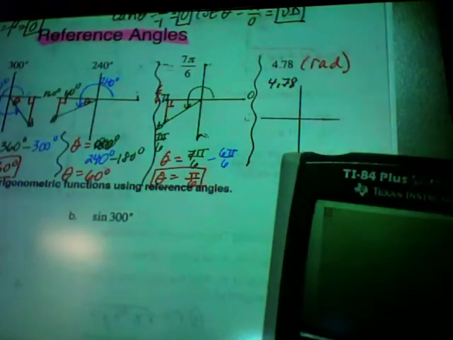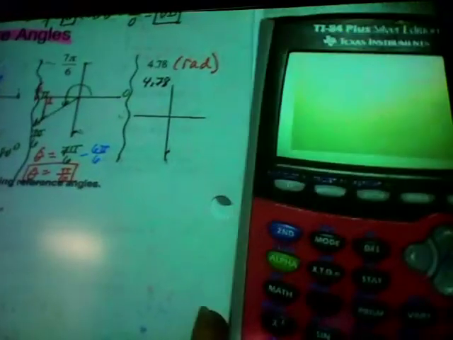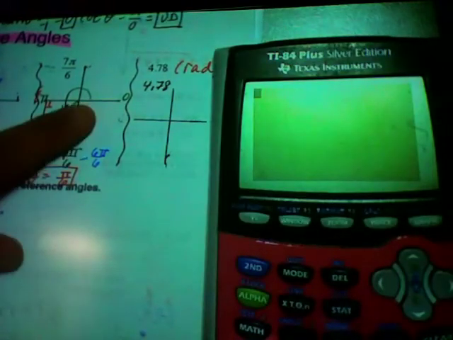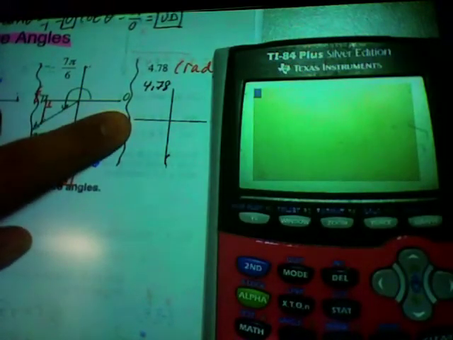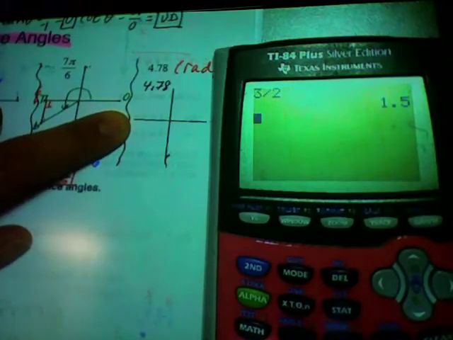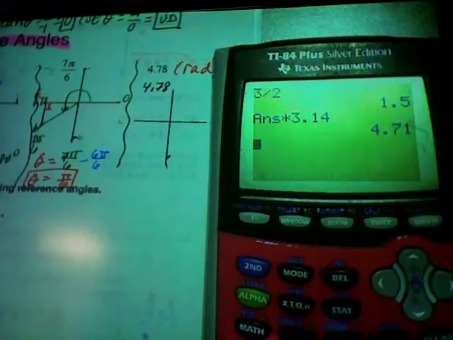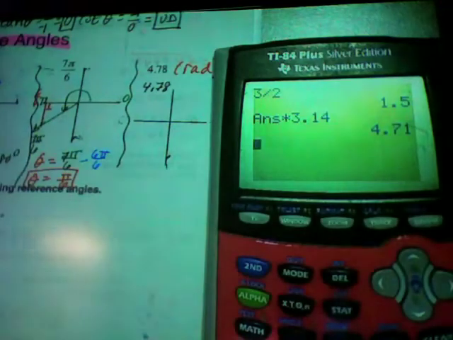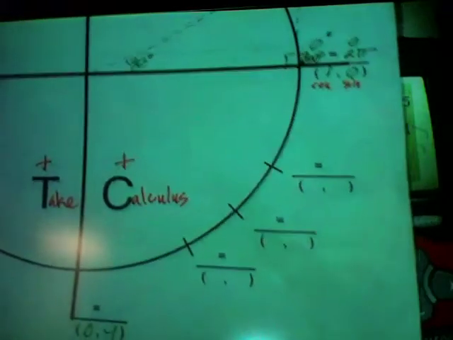Now I'm not going to give you this one unless you had a calculator. But let's just go ahead and do that. So take 3 divided by 2, and we're going to multiply that by 3.14. Remember on your unit circle, it has the decimal equivalency somewhere.